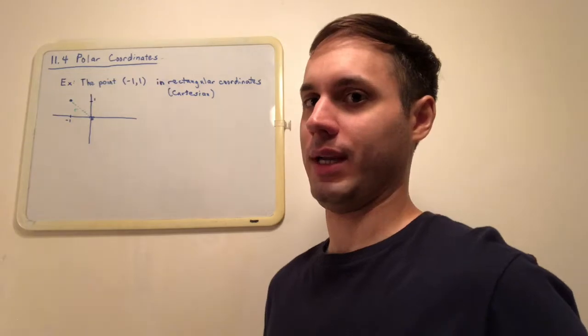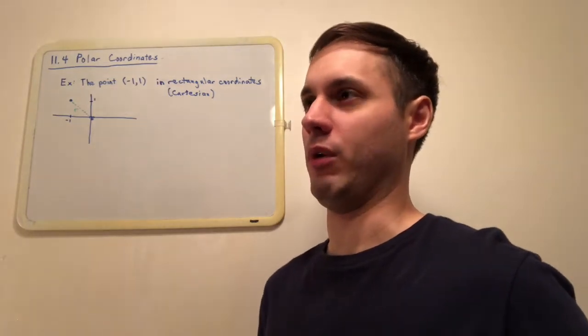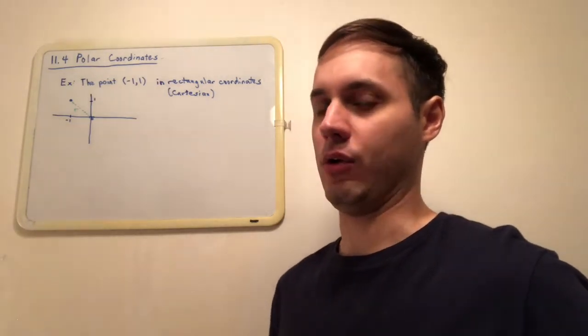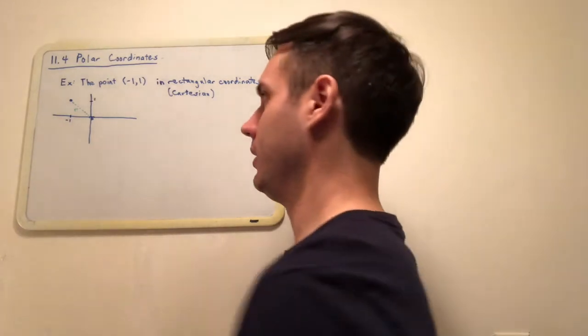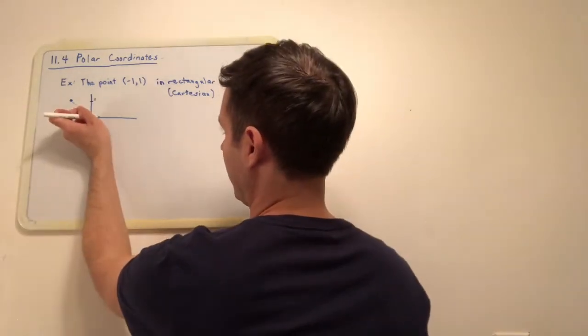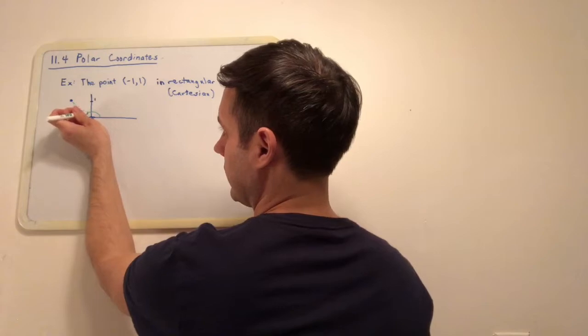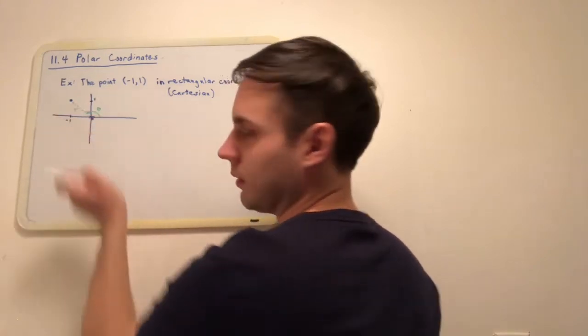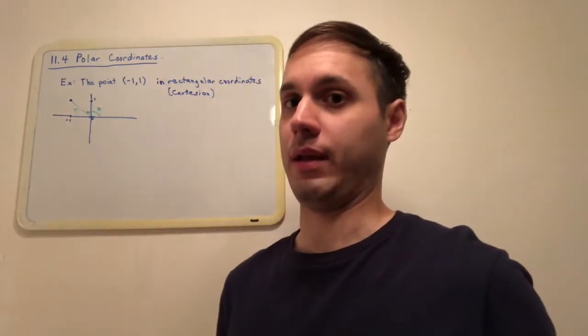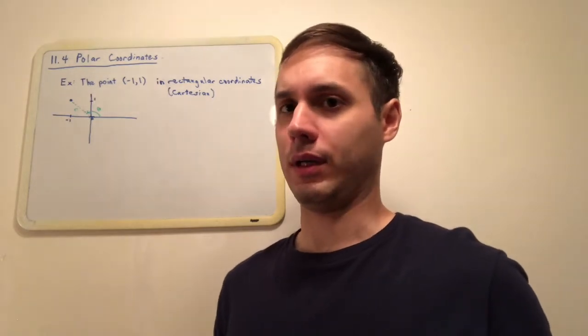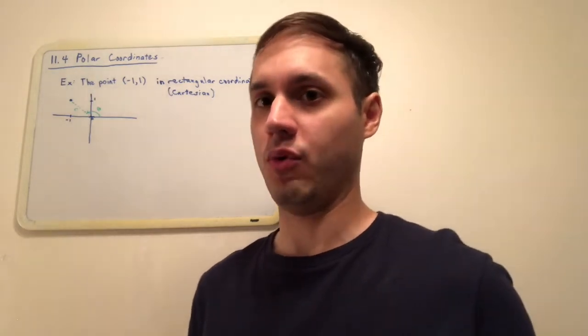So how far out and then in what direction? So what do I mean by what direction? I mean what angle in standard position. So if I start from the positive x-axis, I'm talking about this angle theta. That's going to be the direction in which I'm traveling from the origin to get to my point.